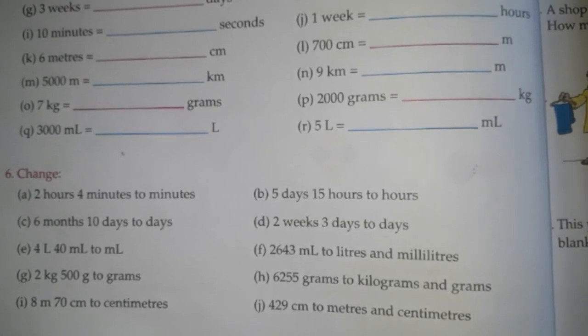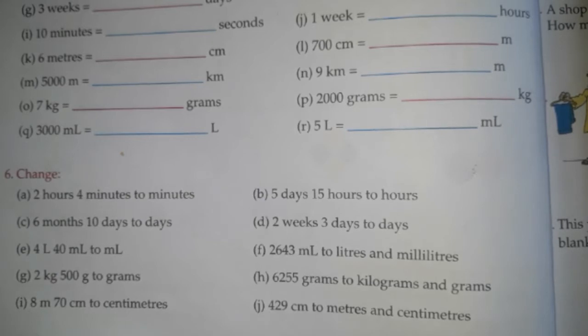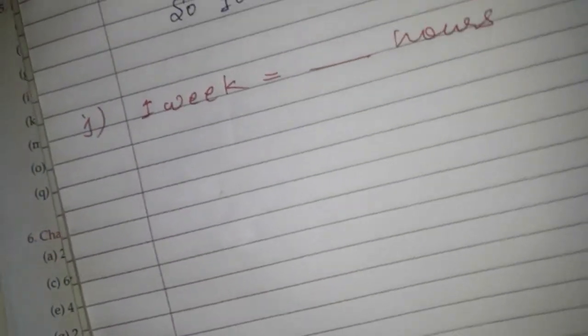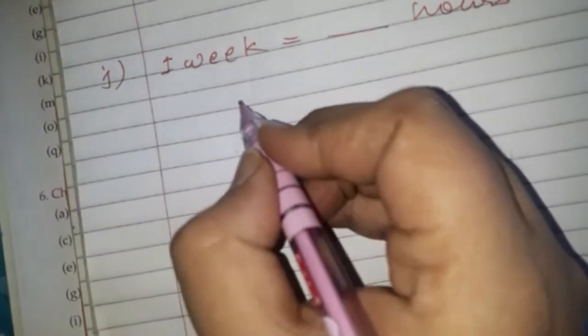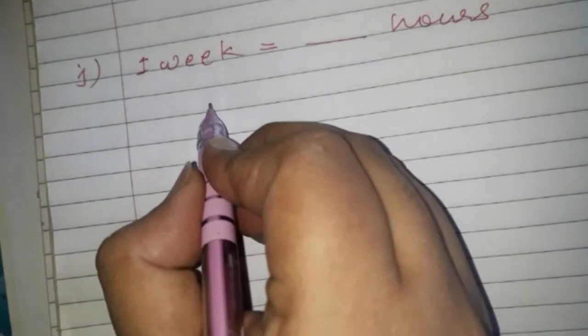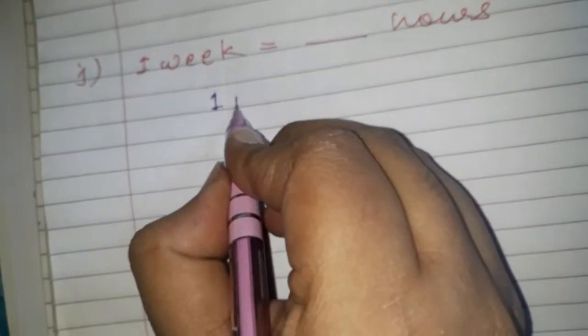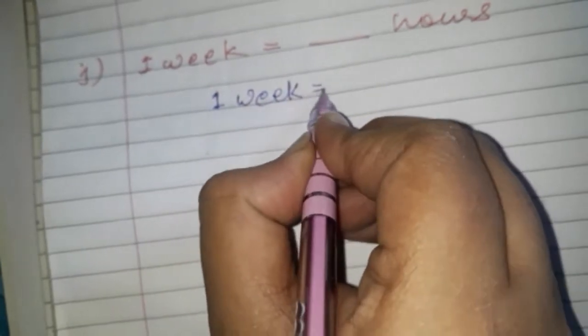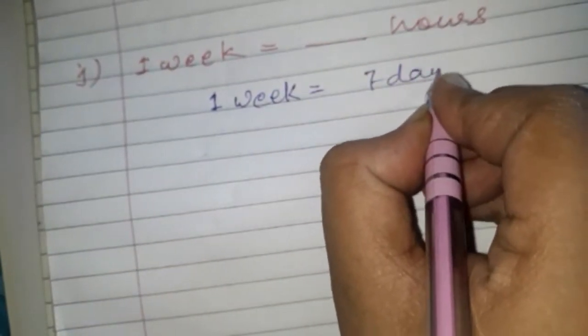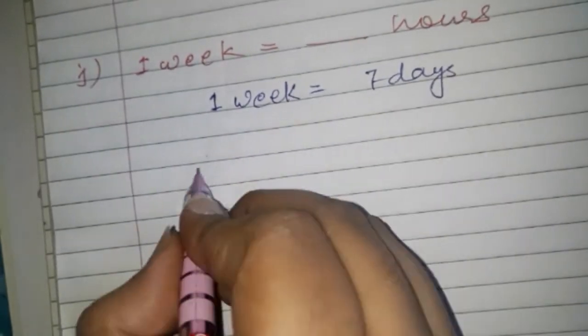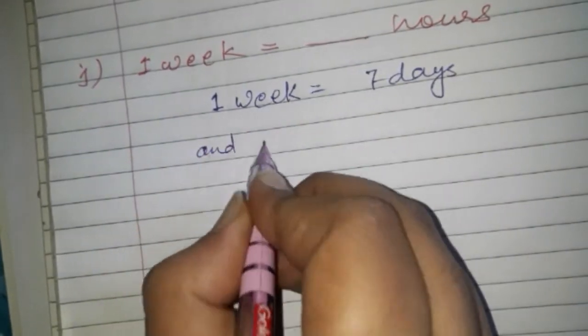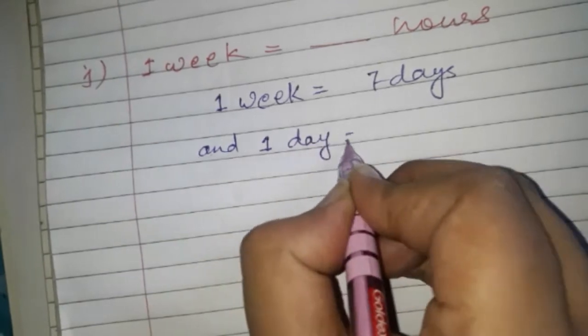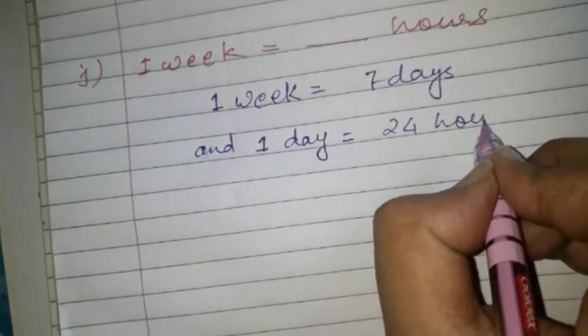Next question is 1 week equals how many hours. We have to convert 1 week into hours. It's a different procedure we have to follow in this question. 1 week equals 7 days, and 1 day equals 24 hours.